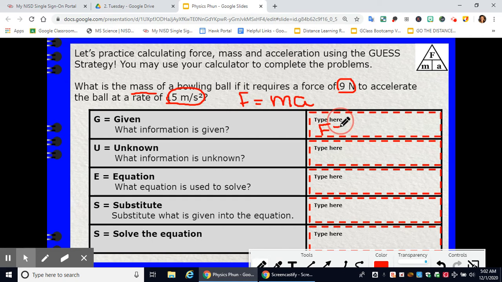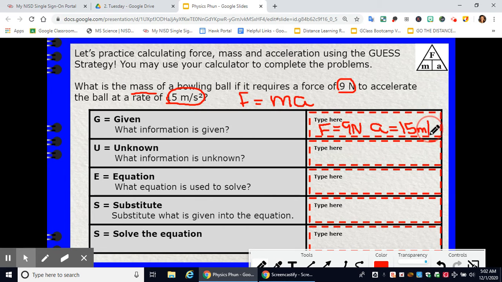So I'm going to write force equals 9 newtons. And then my other variable, acceleration. If I look here at my units, meters per second squared, I know that's acceleration. So my acceleration is also given to me. My acceleration is 15 meters per second squared.